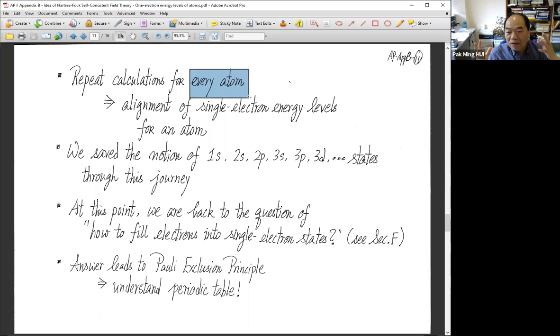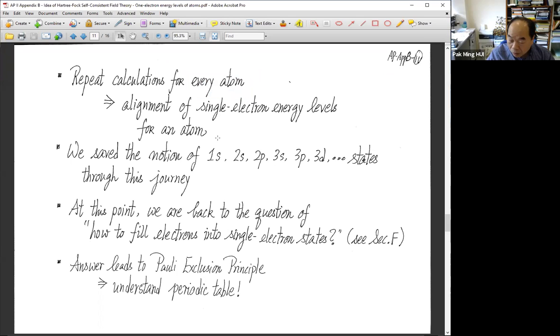Sorry, no. The alignment may be similar, but the energies are certainly different, okay? Even the alignment will be different when you go from light atoms to heavier atoms. So, key point, every atom is a different calculation, quantum mechanically. That is an important concept.